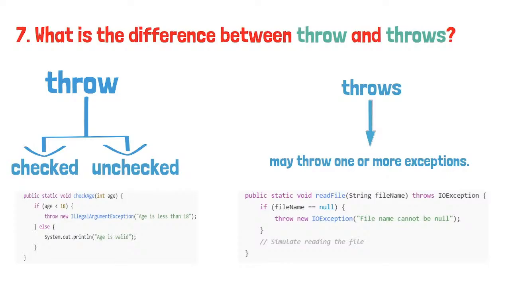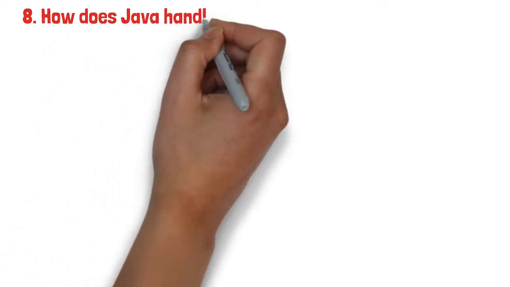So we can see that throw is used to handle a single exception and it should be written in the method body, while the throws keyword is used for one or more than one exception, but it should be written in the method signature.